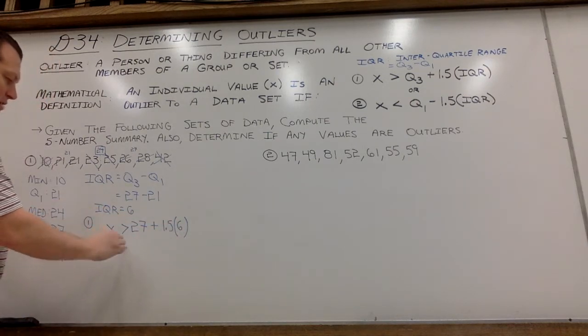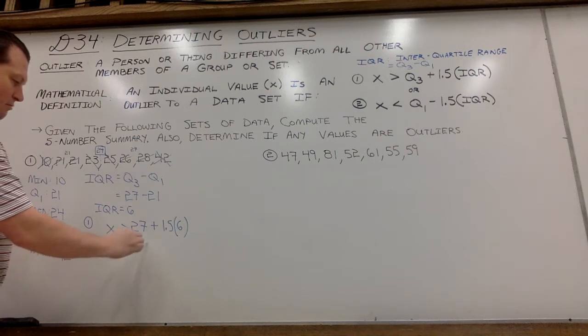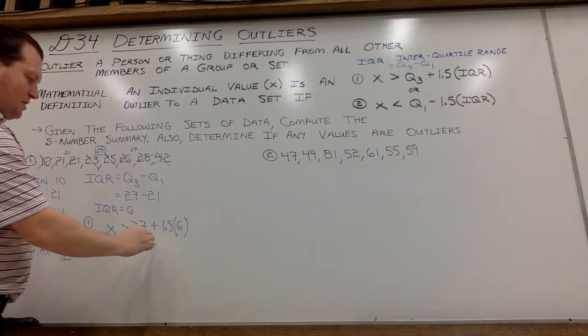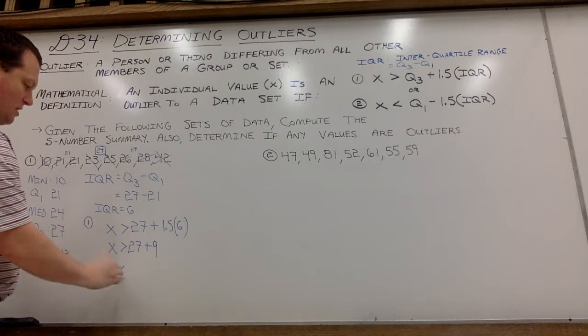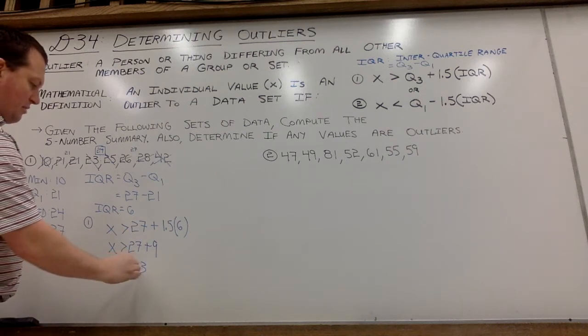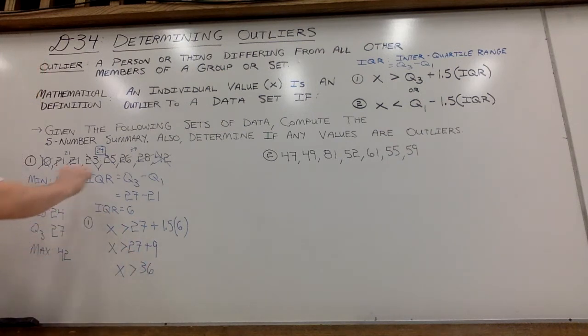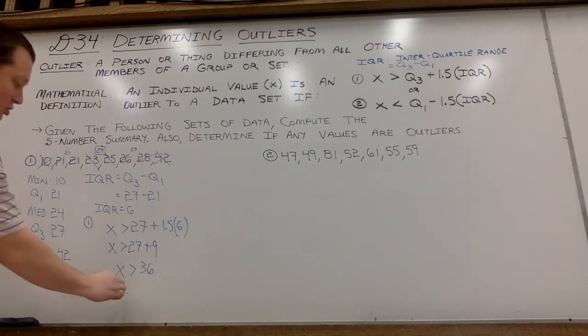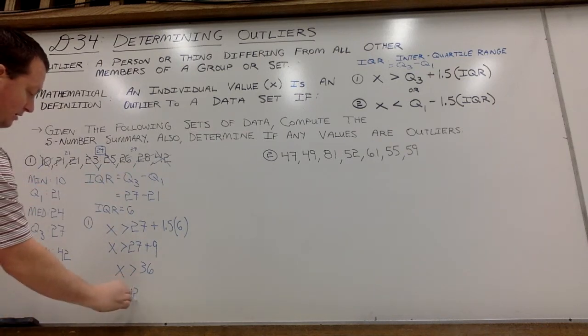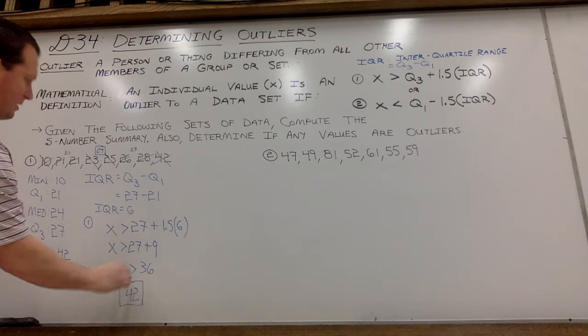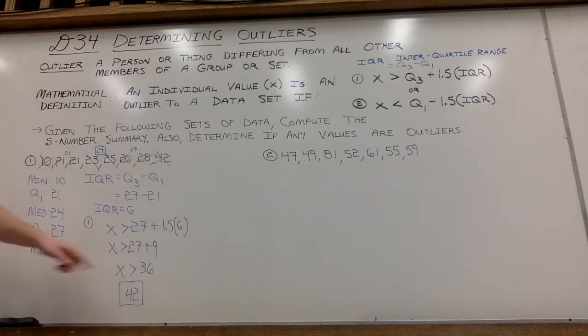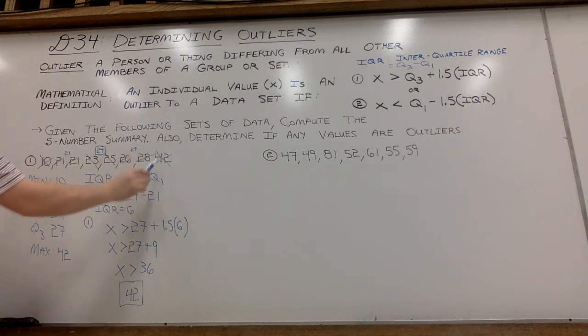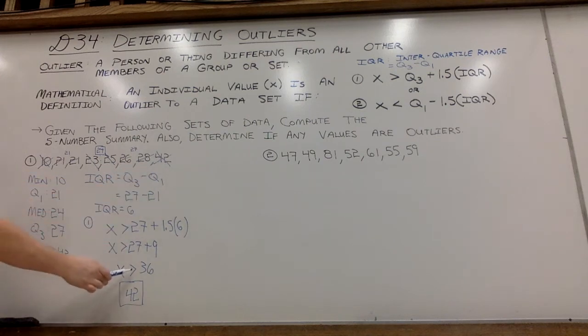So are any values greater than 27 plus 1.5 times 6 is 9? Do I have any values that are greater than 36? Yes, I see 42 is an outlier on the big end. Why? Well, because in my list of numbers, 42 is greater than 36. So that would be a large outlier.